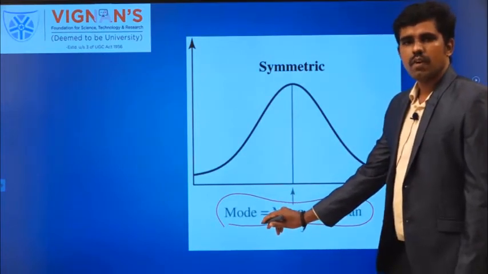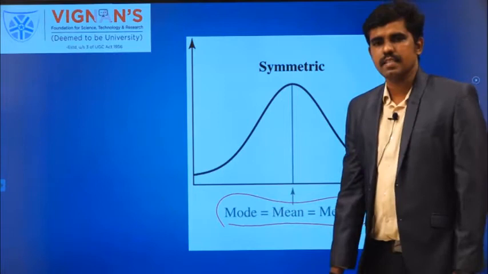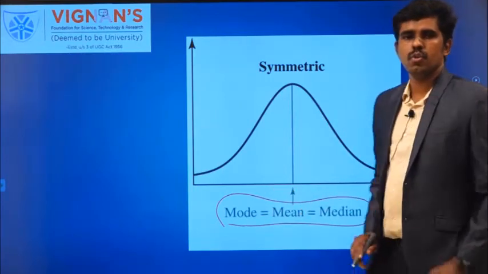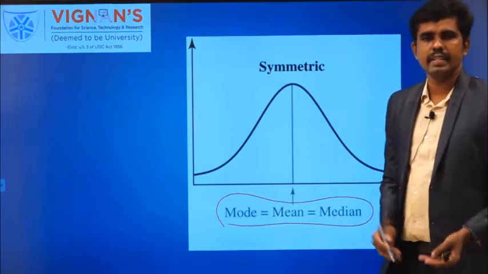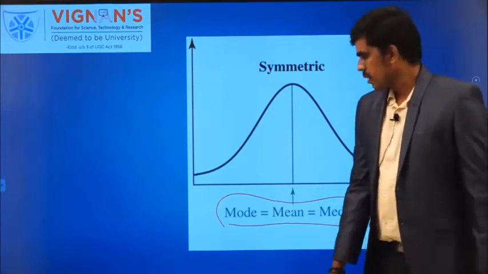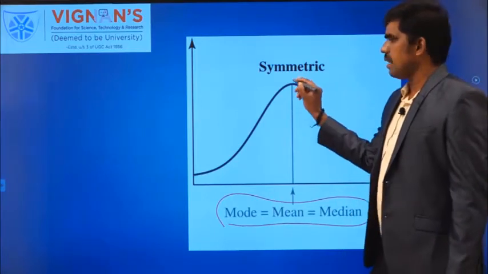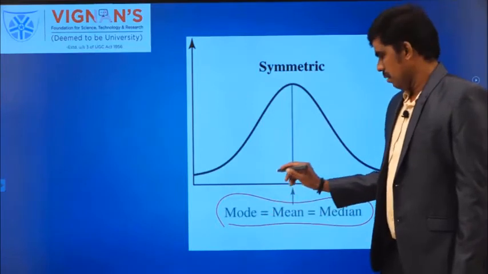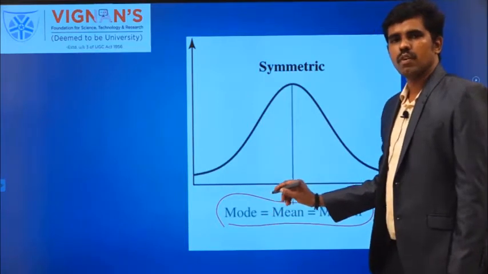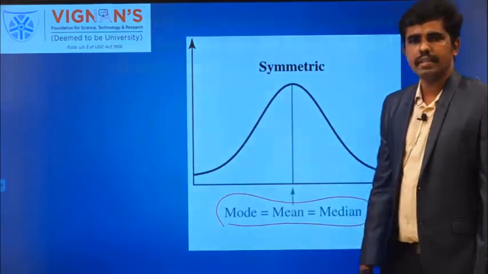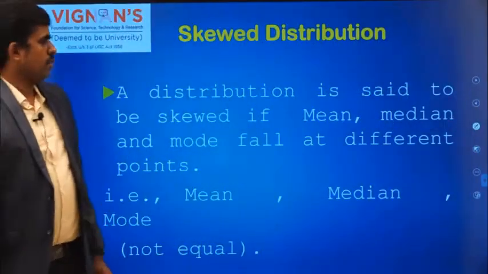What are all the central tendencies? Mode, mean, and median. You know how to find the mean, median and mode value if we are given data. So if we are given a symmetric data distribution, definitely we will get mean is equal to mode is equal to median. This is one of the most important points.